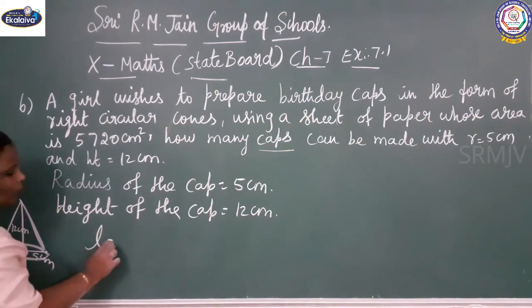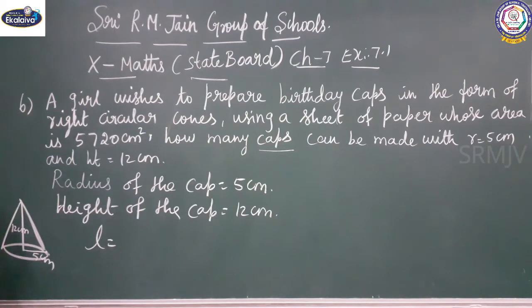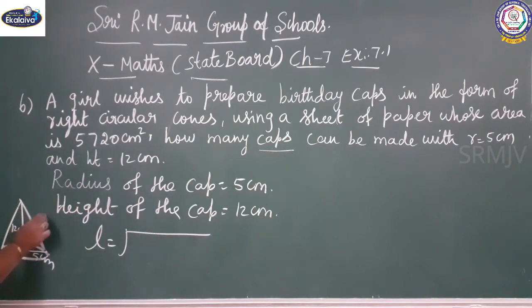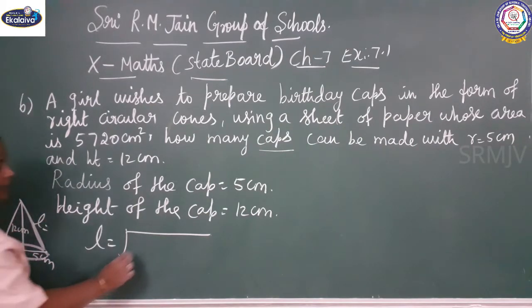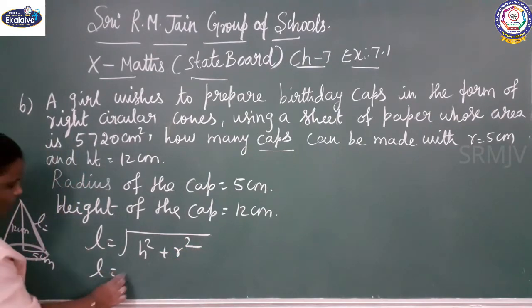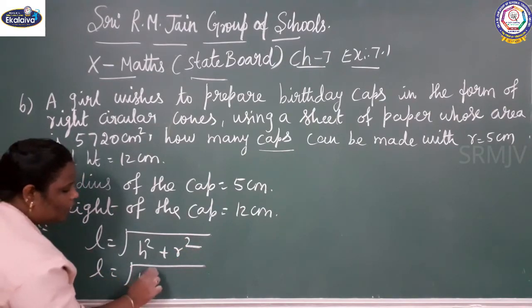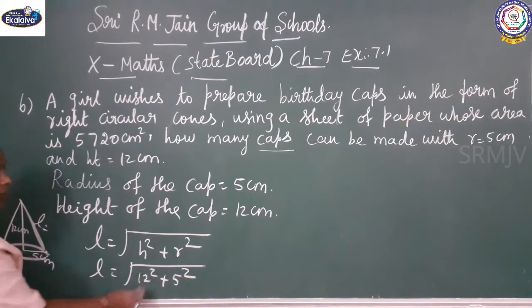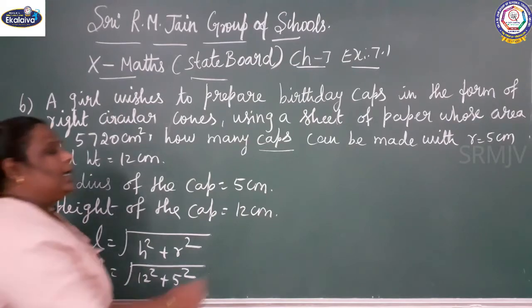L equal to slant height. L equal to root of h square plus r square. L equal to root of 12 square plus 5 square.